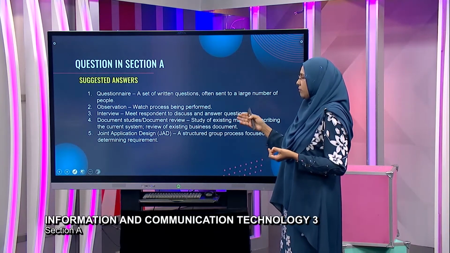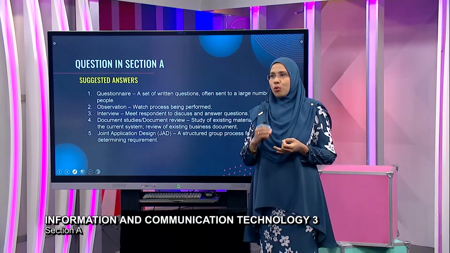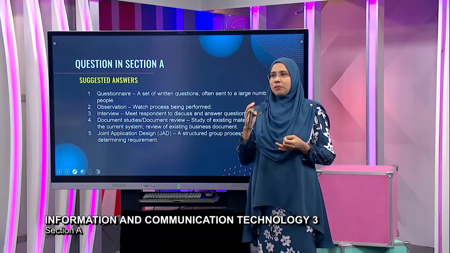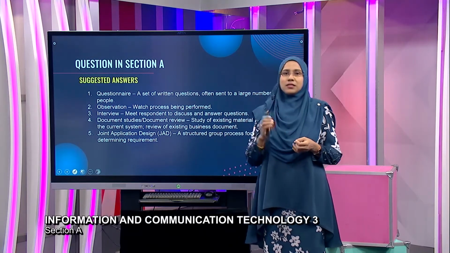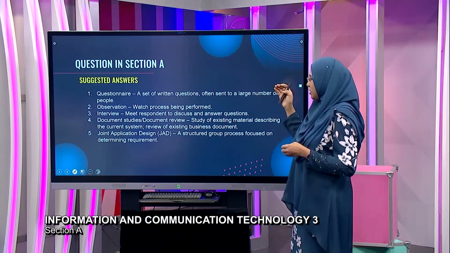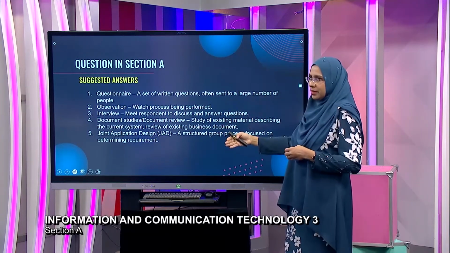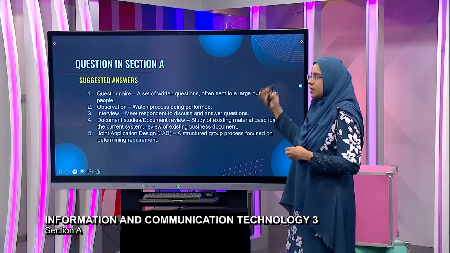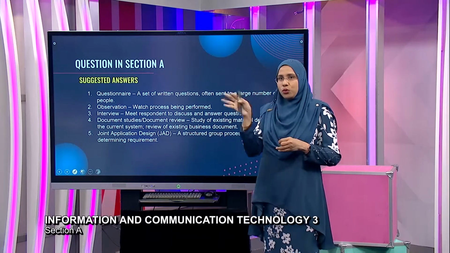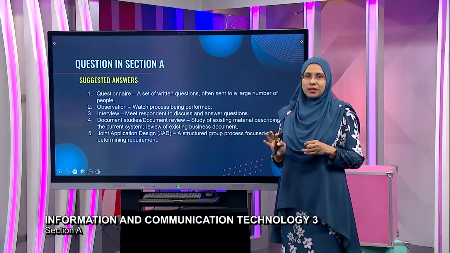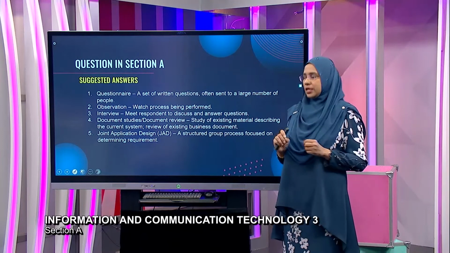Another answer is interview: meet respondents to discuss and answer questions. This is how we write, in point form, in numbers, 1, 2, 3. Don't write in essay form. That's what I meant.